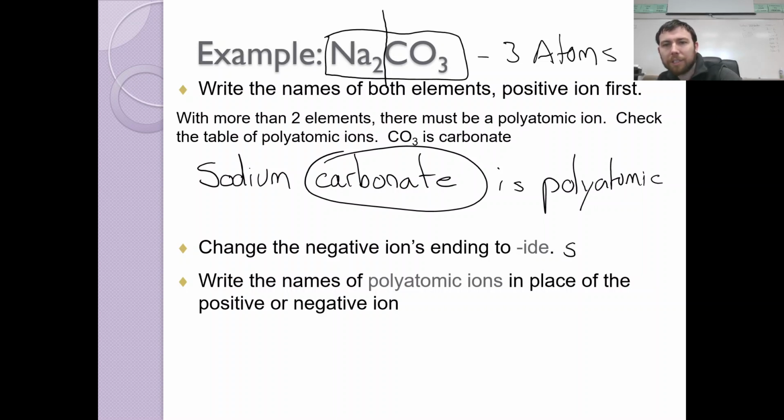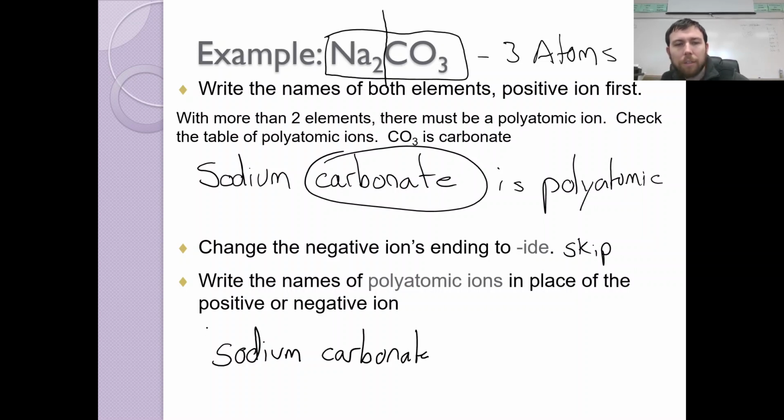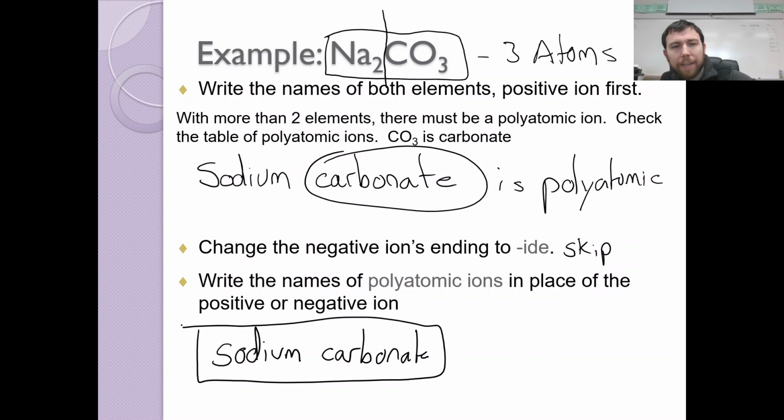So in this case, we skip this step only because we have a polyatomic. And for that, we just simply write the names of the polyatomic ions in place of our positive or negative ions. So then our final answer here would simply be sodium carbonate, right? That would be the name of the chemical compound for Na2CO3.